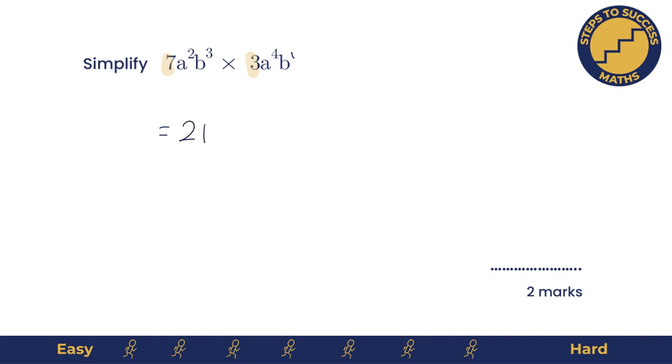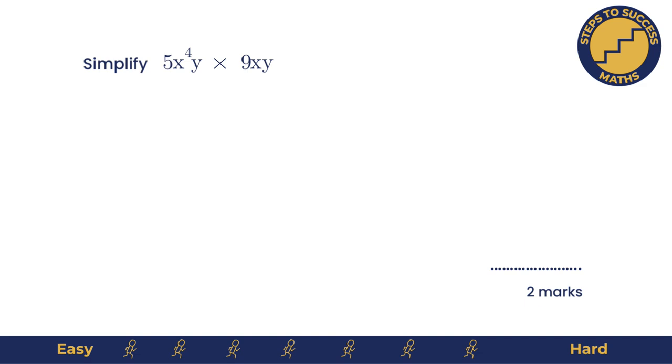We've got a squared times a to the 4, so we're going to add the powers. So we've got a to the 6, and then we've got b to the 3 times b to the 1, so add the powers, that's b to the 4. Don't try and add them all together or mix them up, just do each one at a time, the number part and then each letter part.